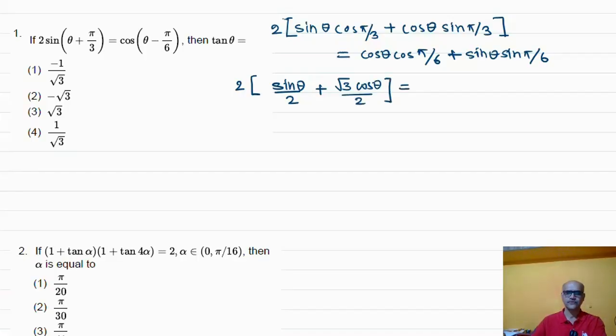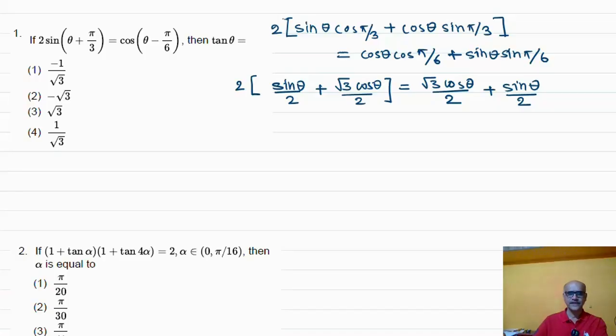It is equal to: pi by 6 is 30, cos 30 is root 3 by 2, so root 3 cos theta by 2, plus pi by 6 is 30, sin 30 is 1 by 2, so you'll have sin theta by 2. Now if you observe, all four terms have a denominator of 2, so the 2 is common and cancels.